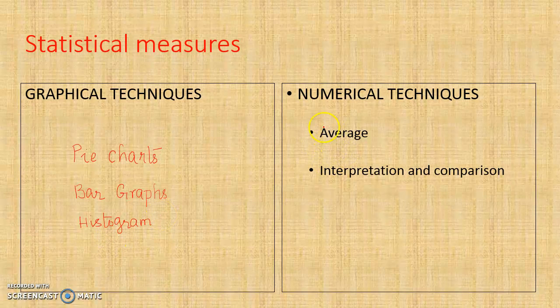The focus of today's class is mainly on numerical techniques. When we talk about numerical techniques, the first term that comes to mind is average. Average is basically a value which is a typical representation of the entire data.